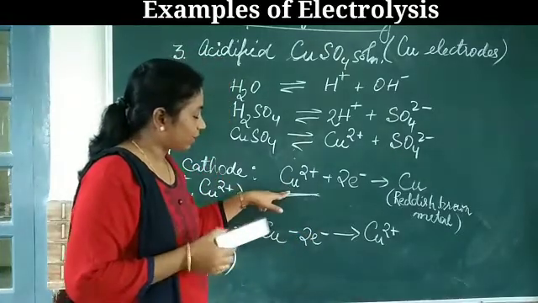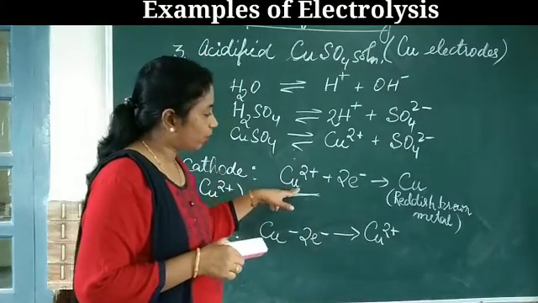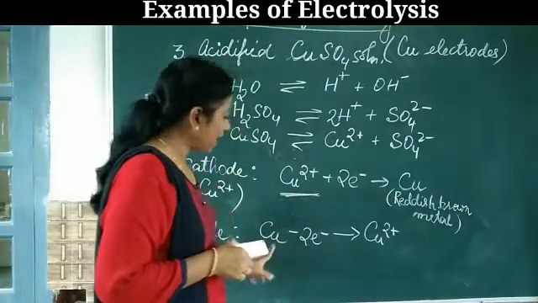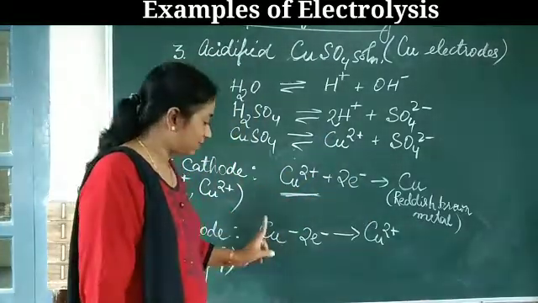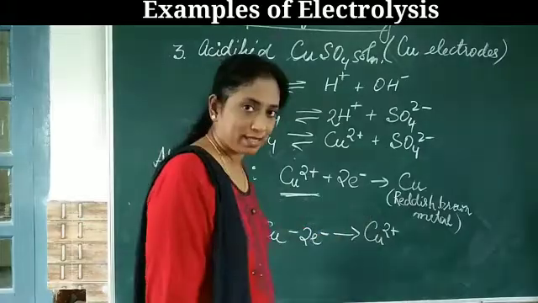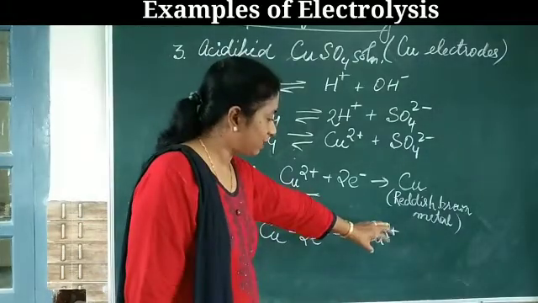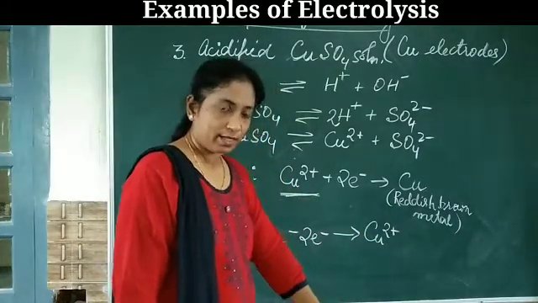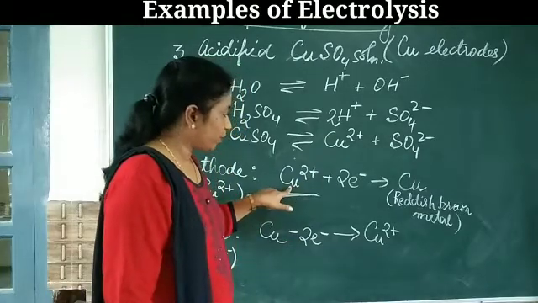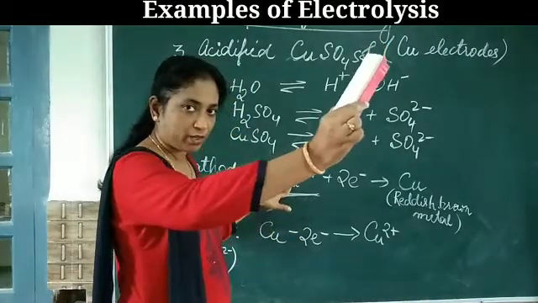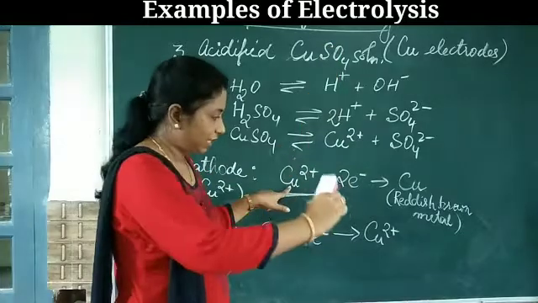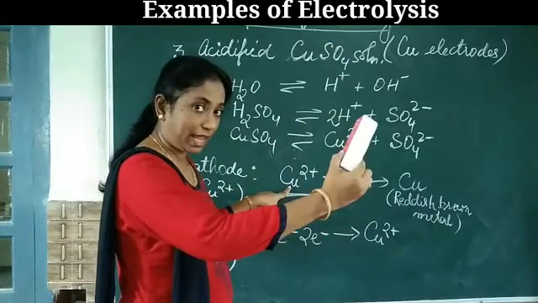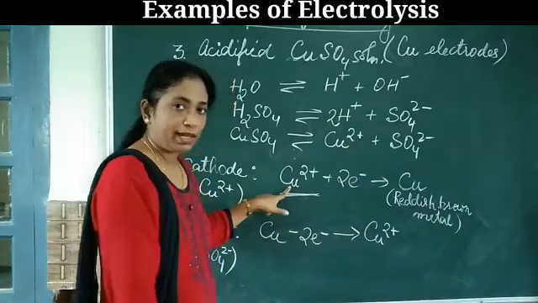So here at the cathode we see that Cu2 plus is becoming copper, and at the anode the opposite reaction is happening. Cu is becoming Cu2 plus, and then this Cu2 plus will get into the electrolyte. So one Cu2 plus has gone away from the electrolyte into the cathode. The other Cu2 plus from the anode has come into the electrolyte.